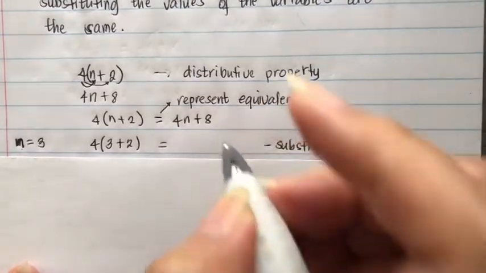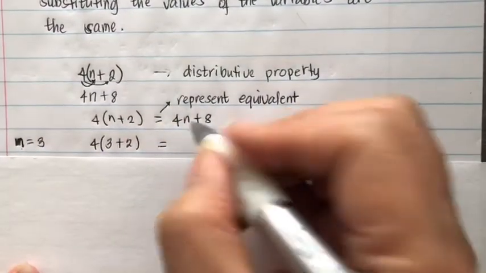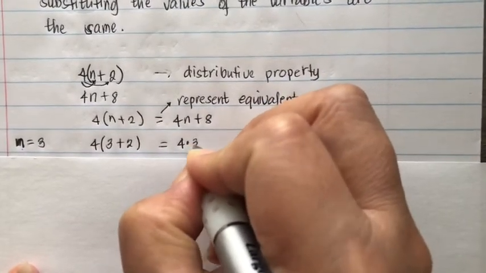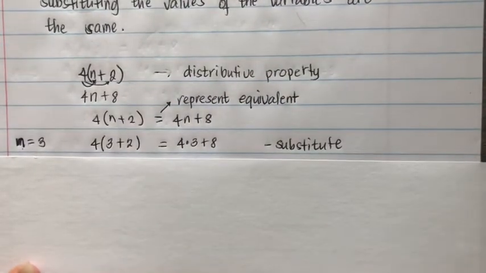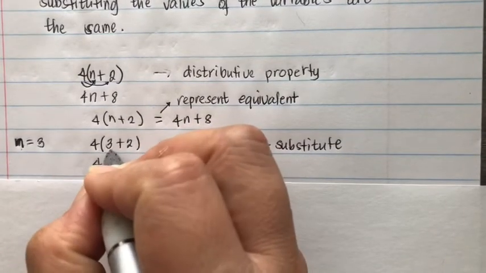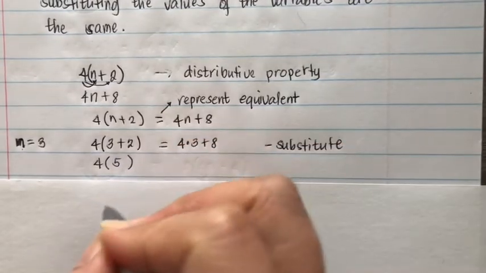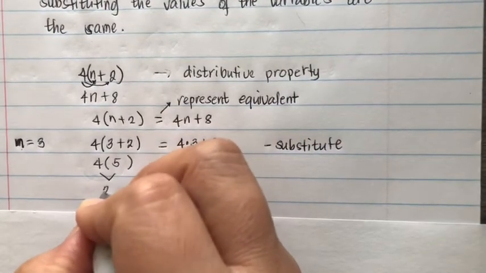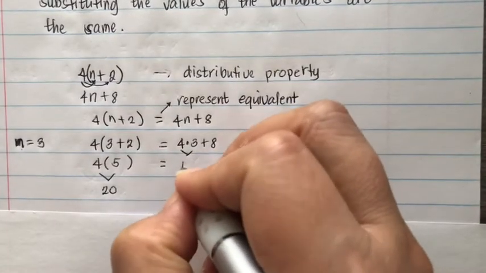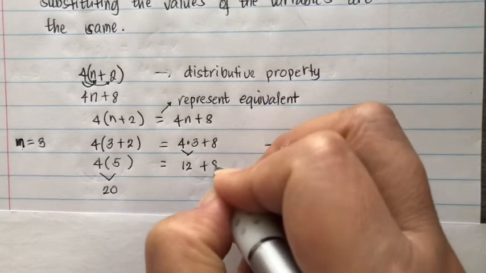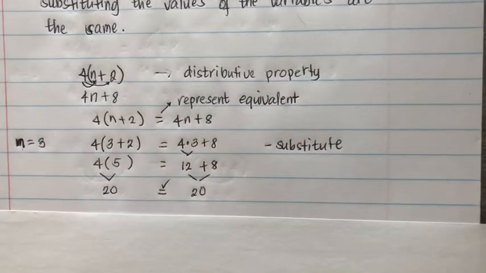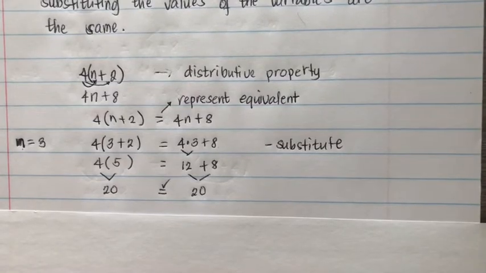And if we substitute n equals 3 in the expression 4n plus 8, that becomes 4 times 3 plus 8. If we simplify the first, 4 times 3 plus 2 is 5, which will give us 20. Let us see if we have the same value. 4 times 3 is 12, plus 8. This will also give me 20. So therefore, they are equivalent expressions because they have the same value.